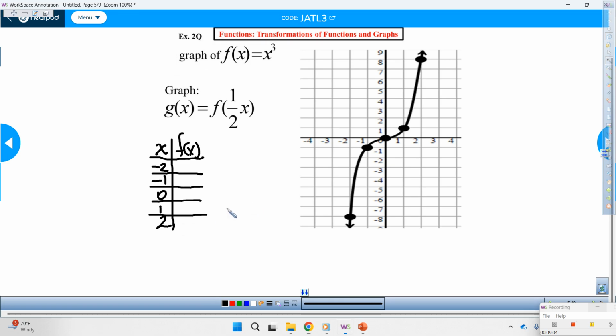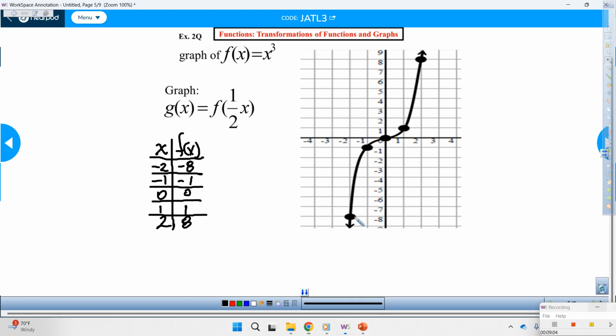All right, so there it is. So, here we go. X cubed, that means we take the x and cube it. What is negative 2 times negative 2? That's positive 4 times negative 2. That's negative 8. Negative 1 times negative 1 times negative 1 is negative 1. 0, 1, and 8.